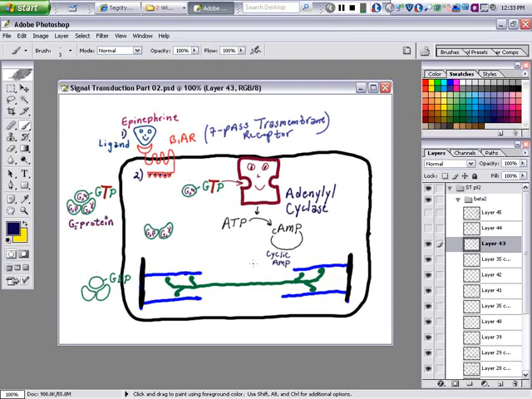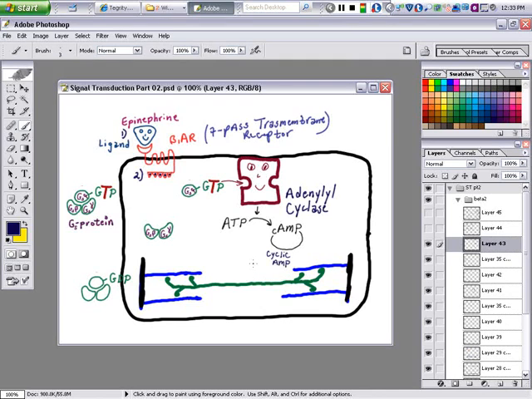So now I have a question for you. When they did these early studies and they took heart cells, they added epinephrine to these heart cells. And then they looked in the cell to see what chemicals increased in that cell. What chemical do you think increased its concentration? Exactly.